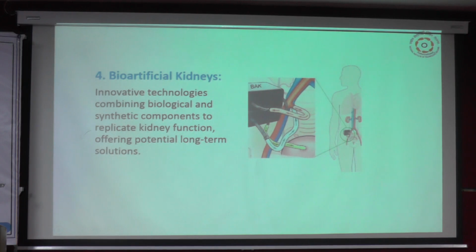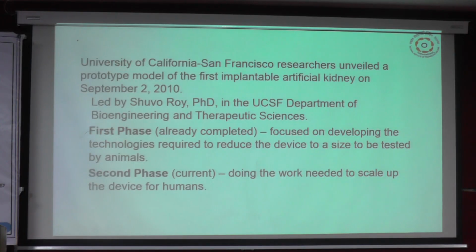So the bioartificial kidney is there already. Boris has talked about it. One group in the USA, California, working at San Francisco, led by Shuvo Roy, is a pioneer in that kidney project. They unveiled a prototype implantable artificial kidney in 2010.